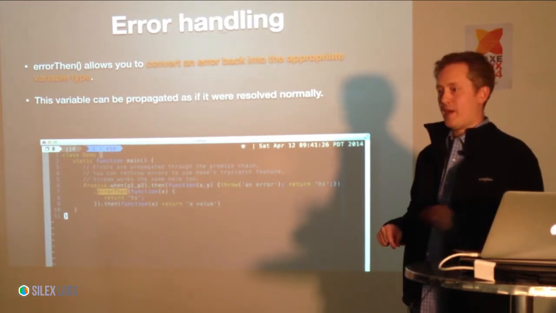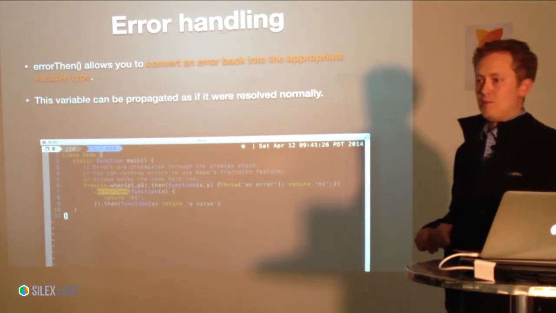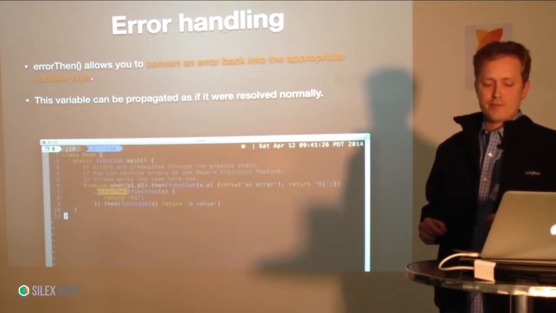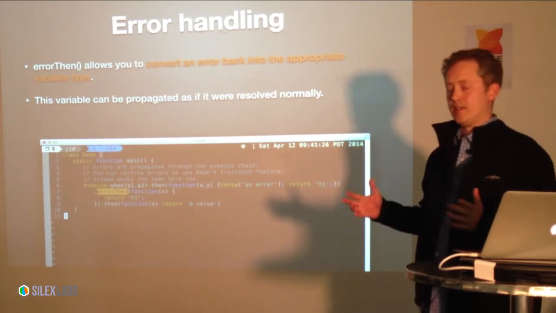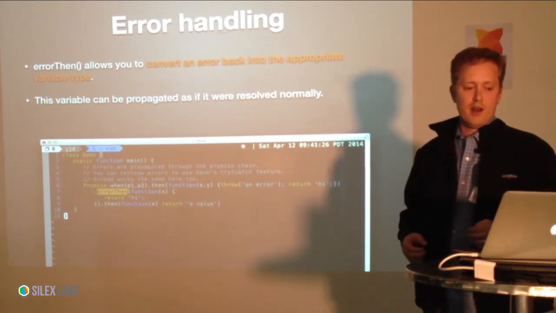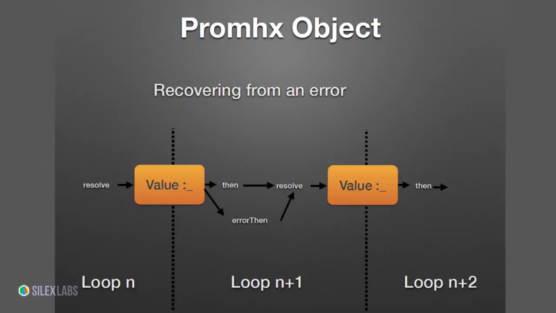And then you can map that error back into a valid type that can be used downstream. You can do this wherever you want in the chain, and it's just a way to gracefully recover from an error condition that happened at any point in the chain.